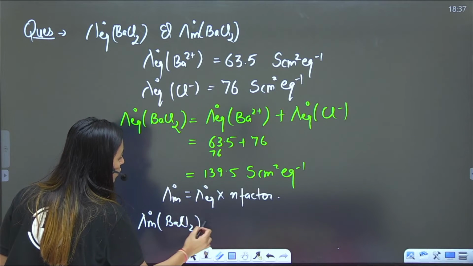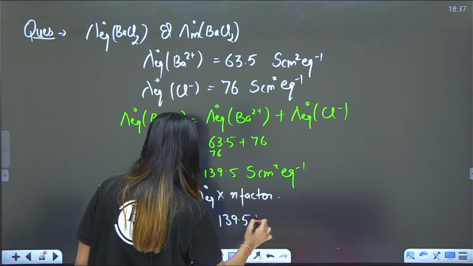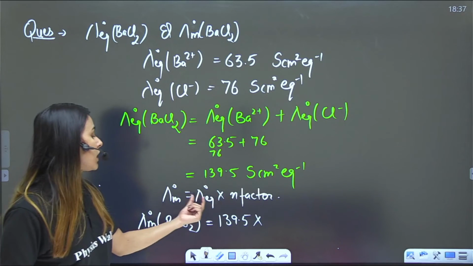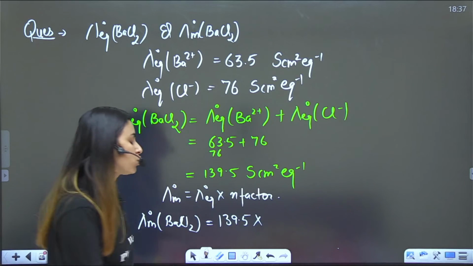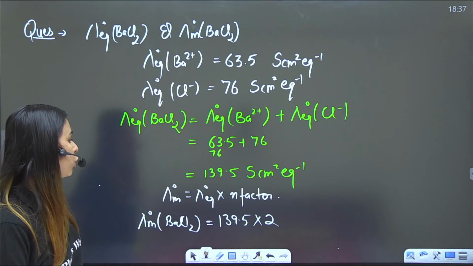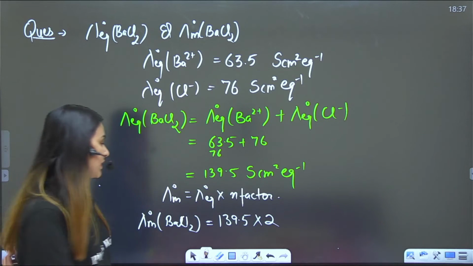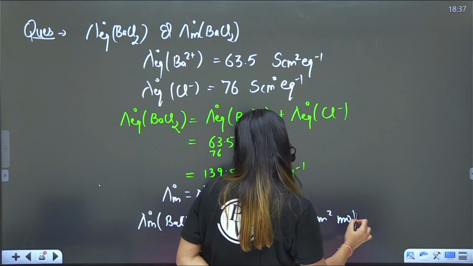This will be equal to equivalent conductivity 139.5 into n factor. What is the n factor, my dear students? For BaCl2, total positive charge is 2 plus, total negative charge is 2 negative. So n factor is 2. So just multiply it and you will get your answer. And the unit would be Siemens centimeter square mole inverse.